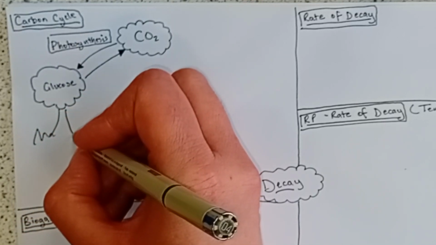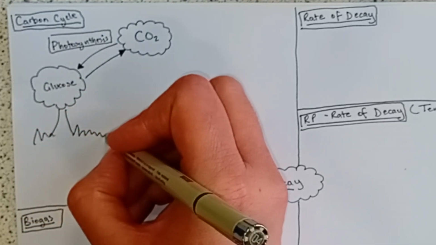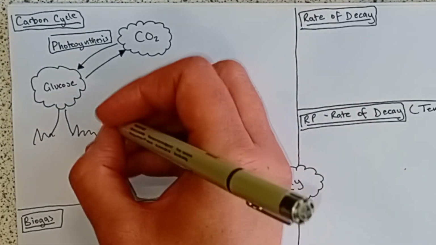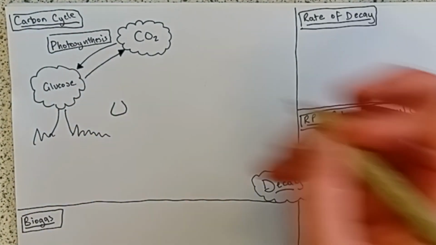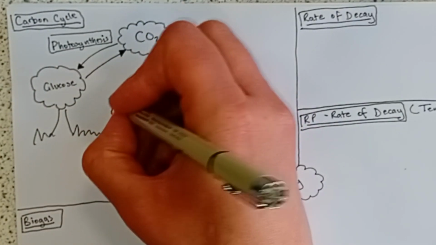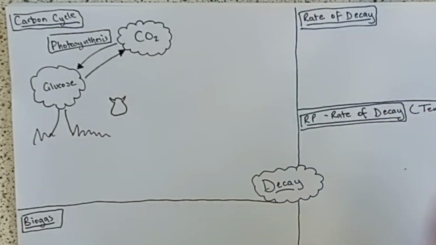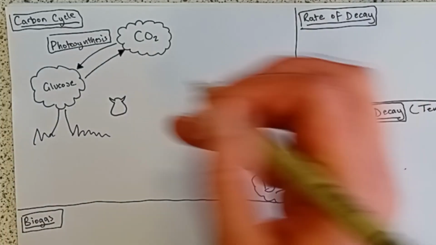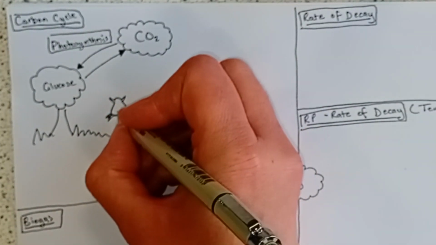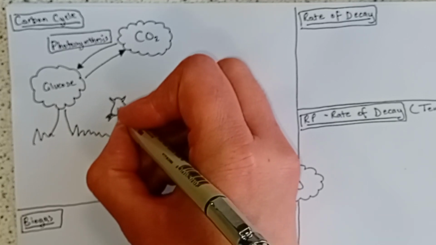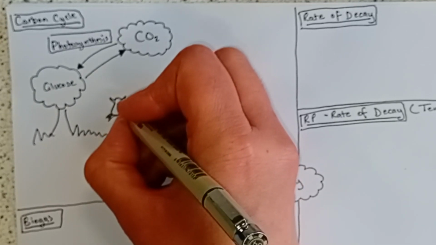Animals, on the other hand, get their carbon by eating it. So I'm going to draw a cow. There's the cow's face. I'm going to draw 2 horns. Like that. Cow's going to be eating some grass. Draw the cow nose there, like that.